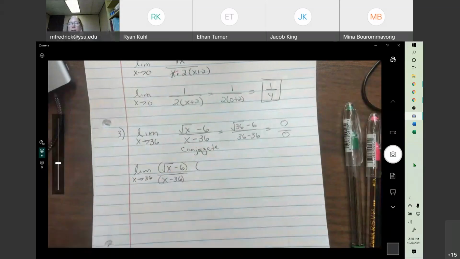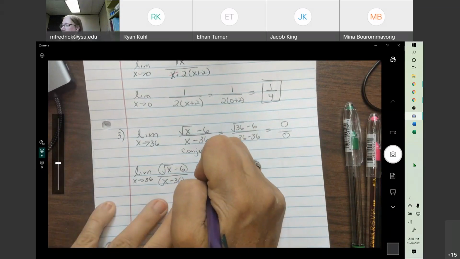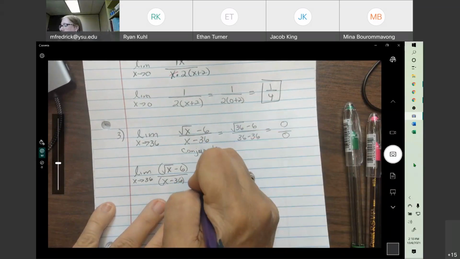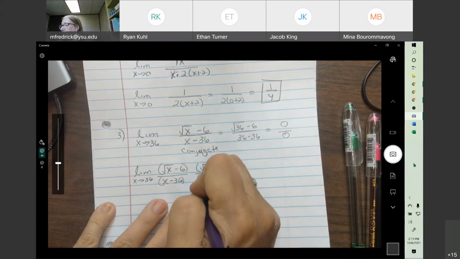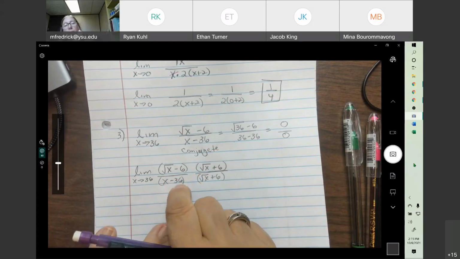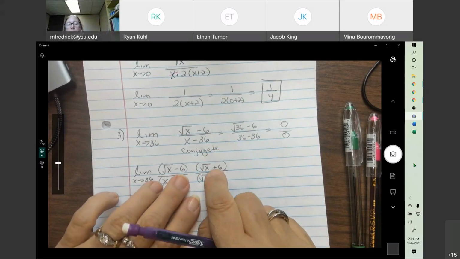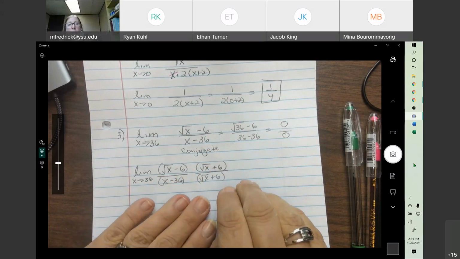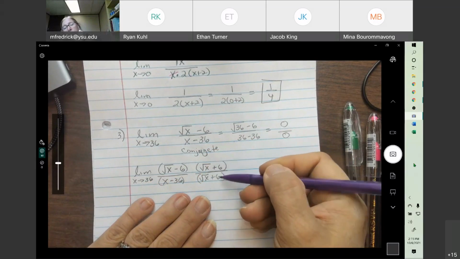The conjugate is the exact same quantity but the opposite middle sign. So in this case, it would be the square root of x plus 6. And when you have a fraction, whatever you do to the top, you have to do to the bottom. Again, don't multiply the bottom out because we want this original part to cancel. So we only need to multiply the top. Any questions so far? So we use the conjugate, and we multiply top and bottom.